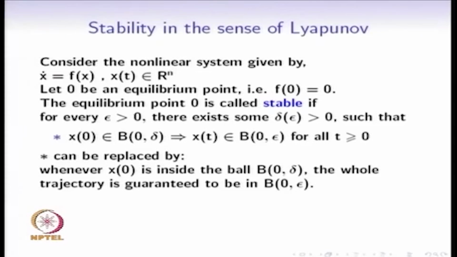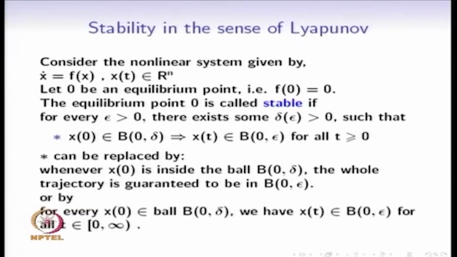Epsilon is what somebody else proposes to us and delta is what we are able to calculate and find. We can also replace the star by: for every initial condition x naught inside the ball B(0, delta), we have x of t inside this other ball B(0, epsilon) for all time 0 to infinity.